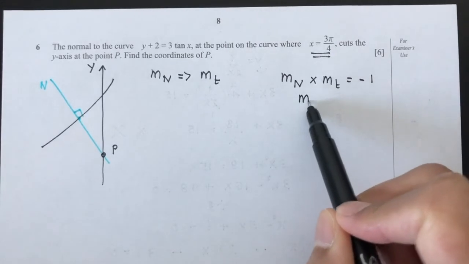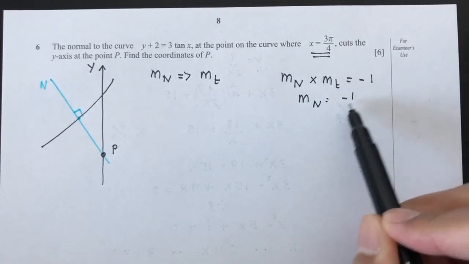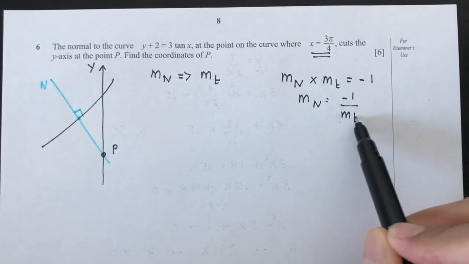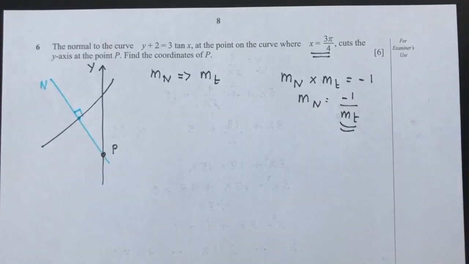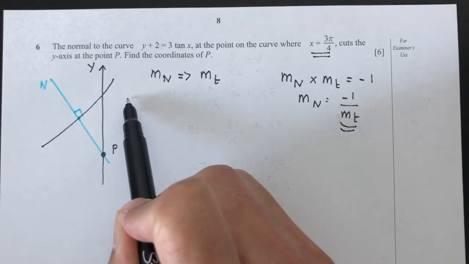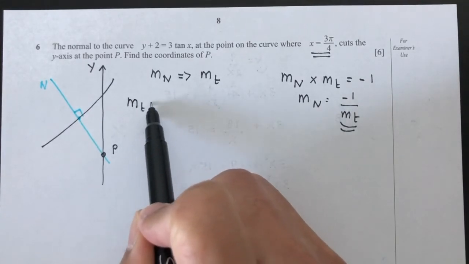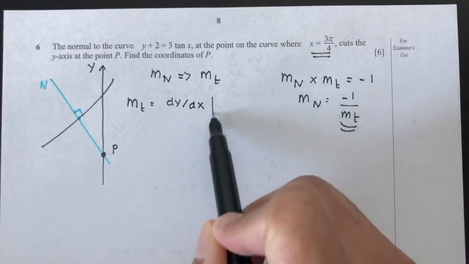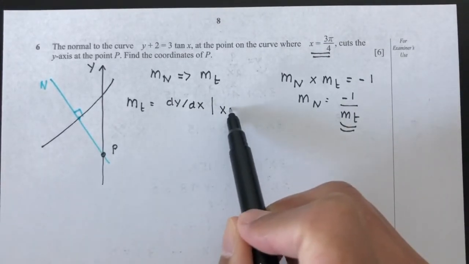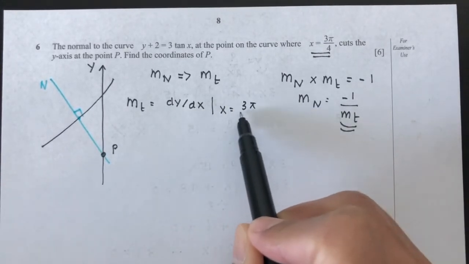So gradient of normal is equal to -1 divided by gradient of tangent. So if we can first find this, then we can find this one. Now one thing you should know by now, gradient of tangent is equal to dy by dx at the point x equal to 3 pi over 4.